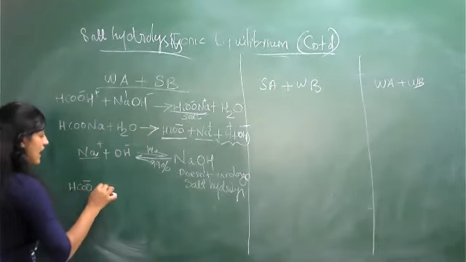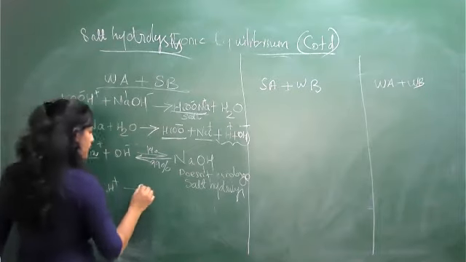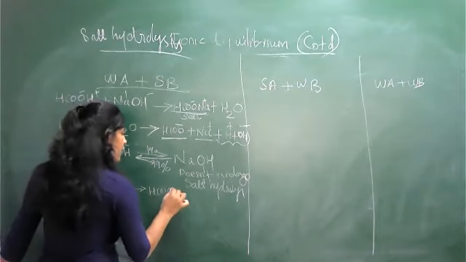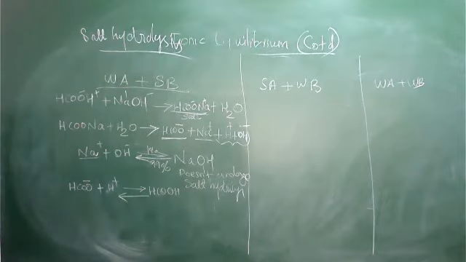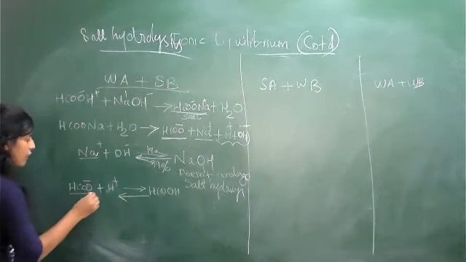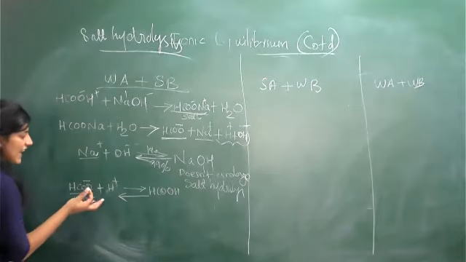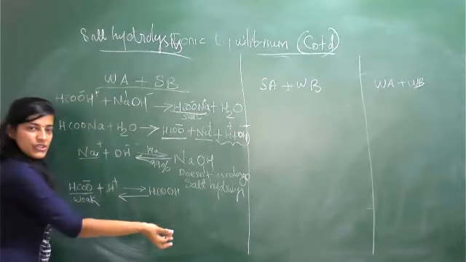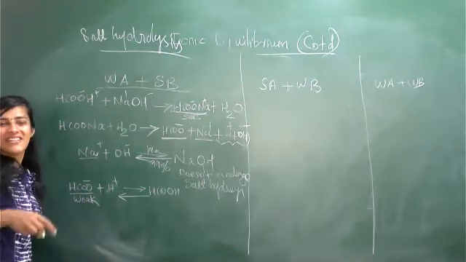HCOO minus reacted with H plus. What will form? HCOOH. What about the nature? HCOO minus is weak in nature. So it can easily be converted into the form HCOOH. This kind of dissociation is difficult.